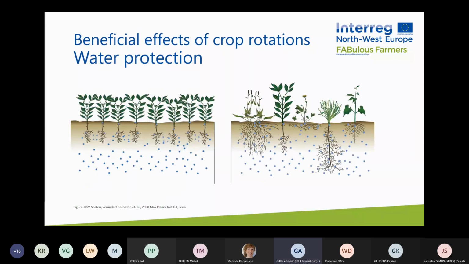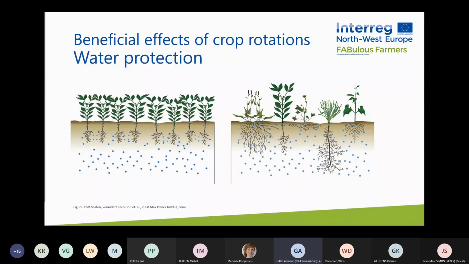Well, finally, another point I want to go into when we talk about nutrient leaching and water protection is that, of course, a diverse crop rotation can positively enable an intensive rooting of different soil layers, and thus can lead to an efficient use of nutrients, which prevents leaching.